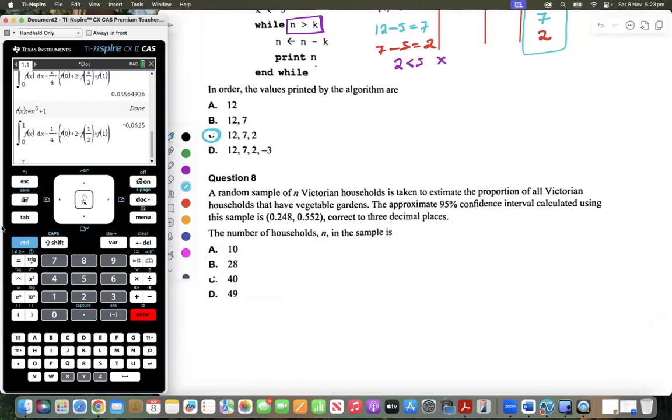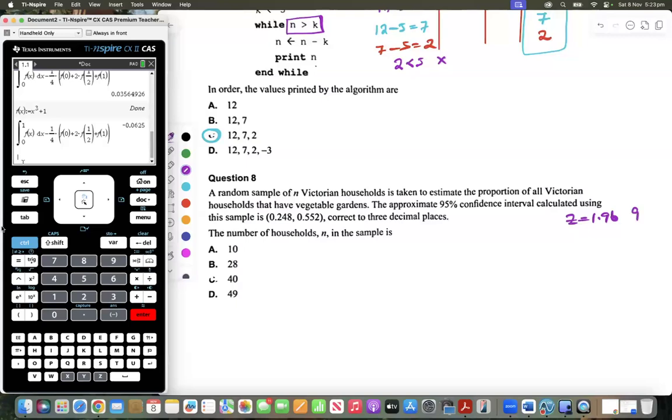Question 8. A random sample of n Victorian households, let's take an estimate proportion of the Victorian households, which is approximately 95%. If you say 95%, you can get this Z number. So from the formula sheet, your Z value is 1.96 for the 95% confidence interval.